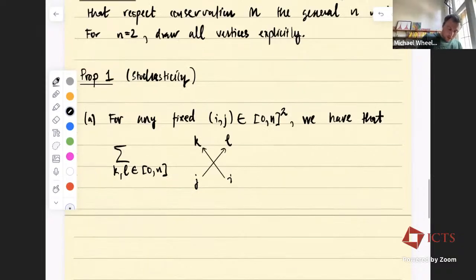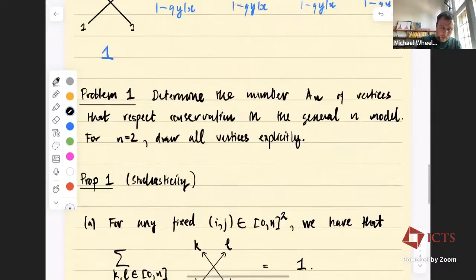As before, I have x and y here. Whenever I draw a sum over such vertices, it literally means compute the weight of each of the vertices and add them up. The claim is that for any i and j that you have as incoming states, this thing adds up to 1. And that's very easy to see from the definition of the weights.